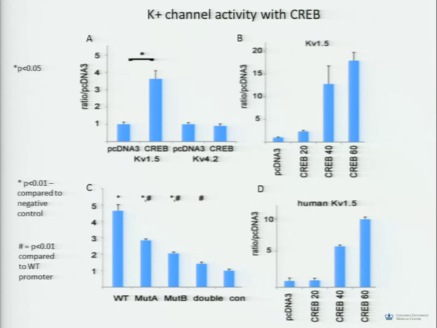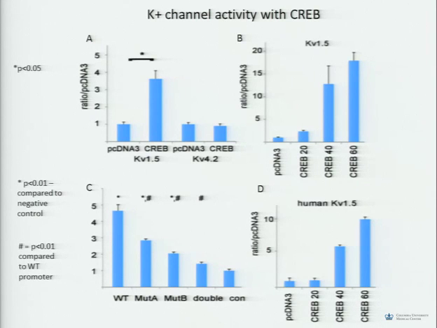We did not find any significant activity with the Kv 4.2 transcription, however, using these luciferase assays. And then in B, we're looking at mouse DNA again for the Kv 1.5 channel, and we see a dose response as we increase the concentration of Krebs from 20 to 40 to 60 nanograms. We see increased transcription of the Kv 1.5 channel.